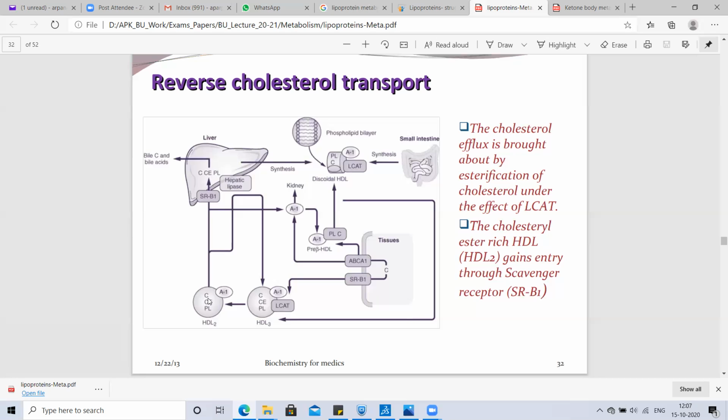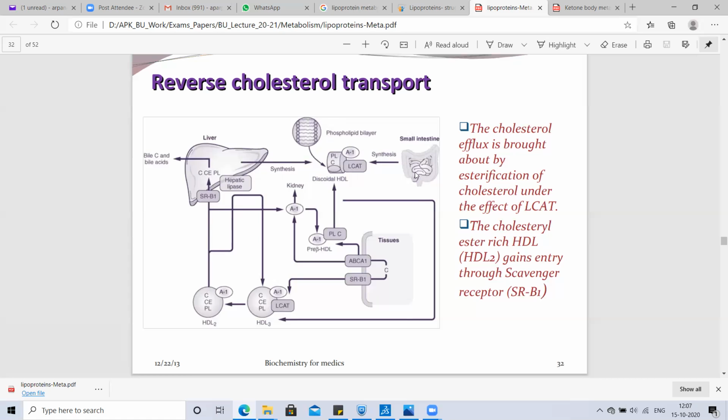and it is also converted into HDL3, and this would also be synthesized back and enter into the other neighboring tissues, and these tissues help in the synthesis of the phospholipid bilayer.